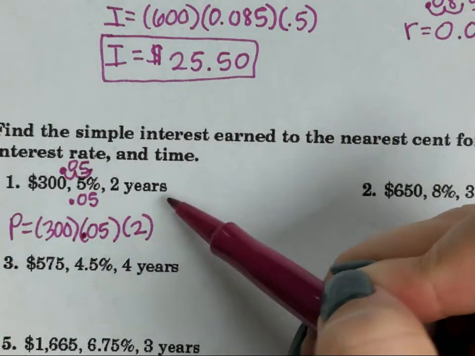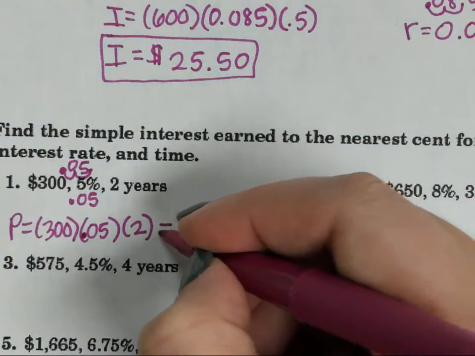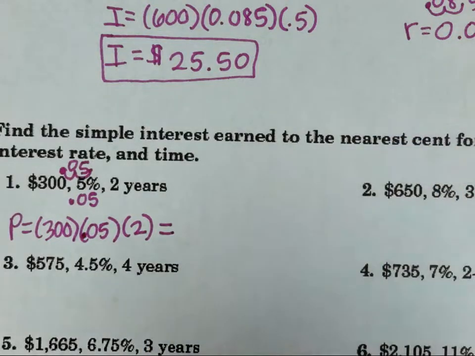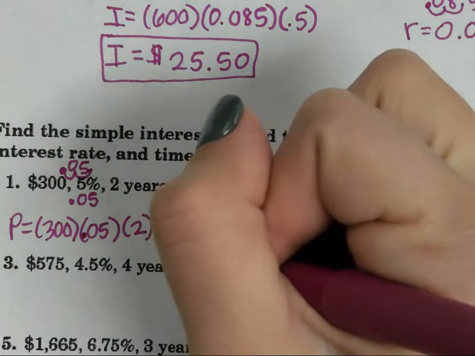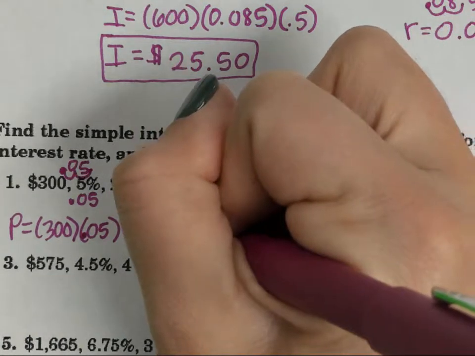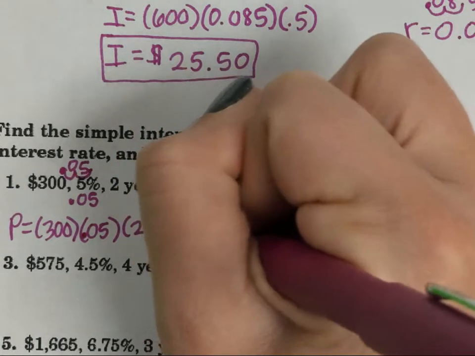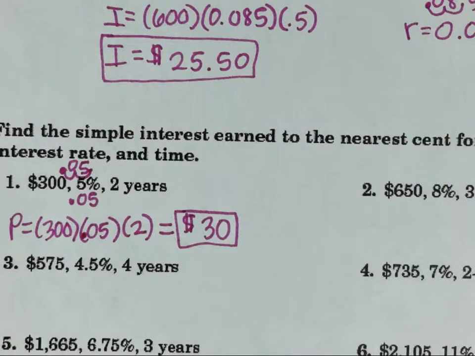We're dealing with 2 years right here, so I don't have to convert anything. So what do I get when I multiply all those 3 numbers together? 30. So my answer is $30.